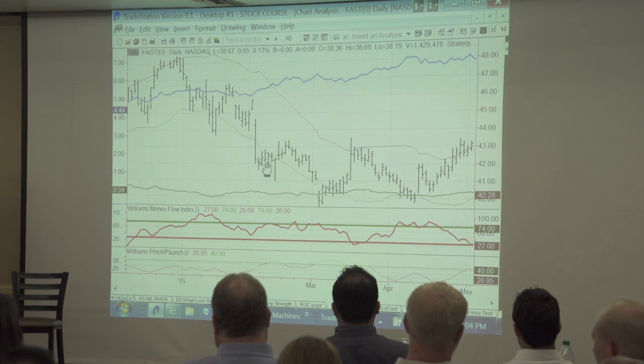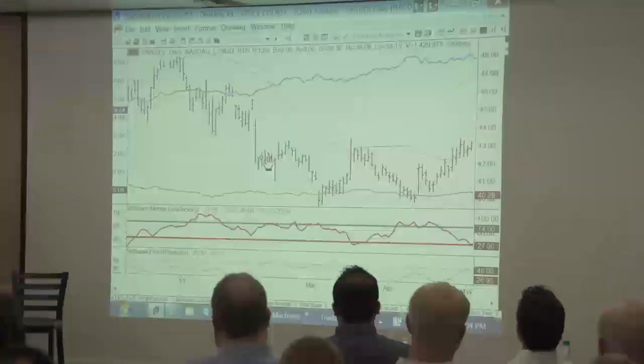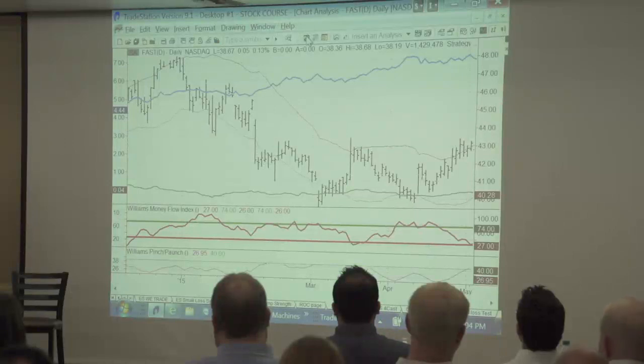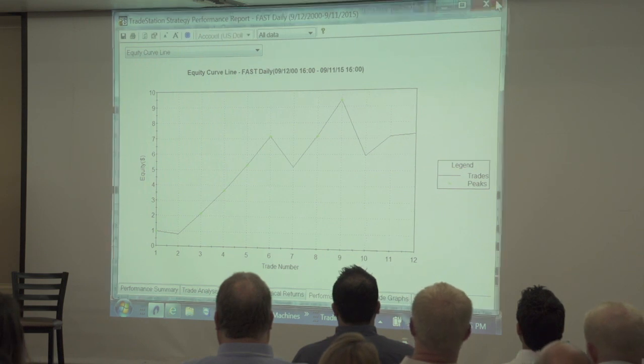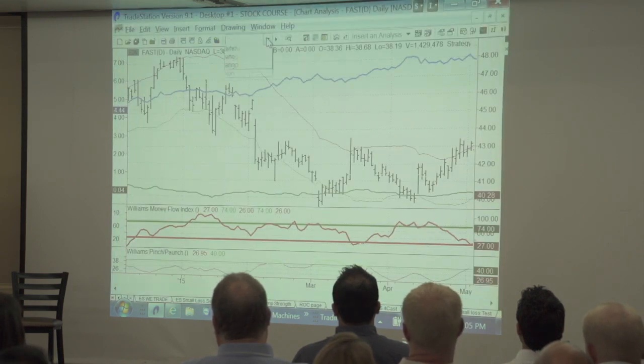So we're looking for that buy point. But in here, we're in a punch setup, but we have not just closed below the ADX line. Results on it, there's the Fastenal equity curve. We'll do, oh, this is a good one.